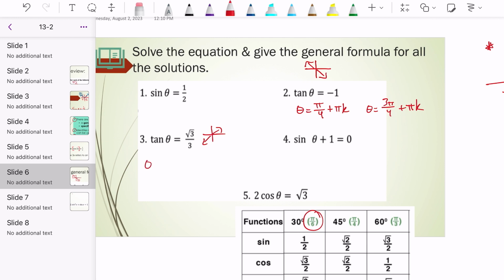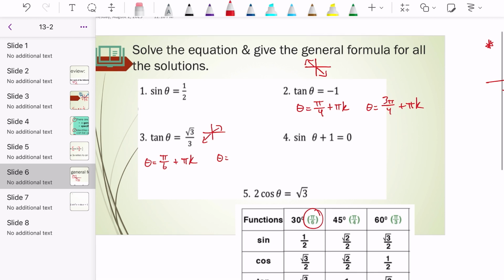So we have theta is equal to pi over 6 plus pi k. Our other theta would be 7 pi over 6 plus pi k.